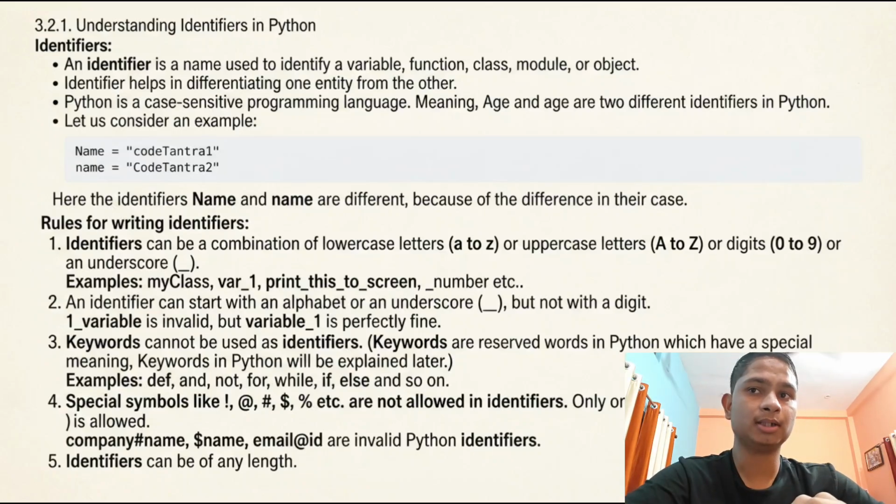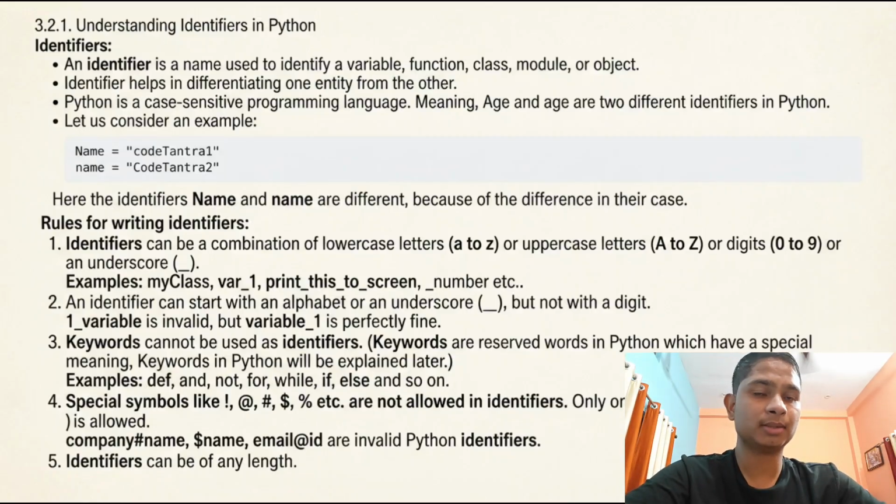You can start with it, end with it, or use it in the middle. This is the only special character allowed by the Python programming language. If you write company#name, $name, or email@id, these are invalid Python identifiers, because these are not allowed in Python as identifiers.